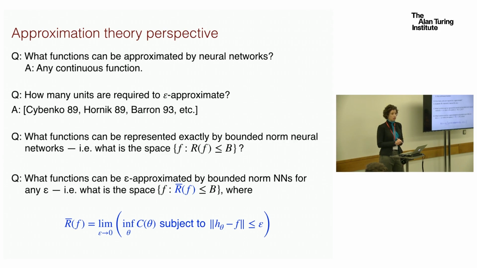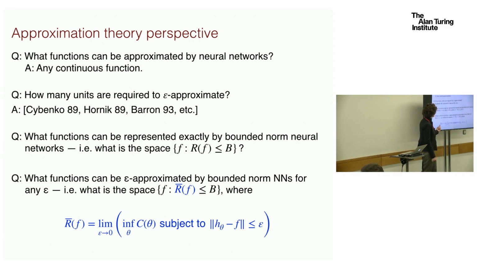In particular, I'm going to define this new regularization function R bar of f, which says for any epsilon, I'm going to consider all of the possible functions that my neural network can represent and only consider ones that are within epsilon of my target f, and among those, try to minimize this cost function on my weights.